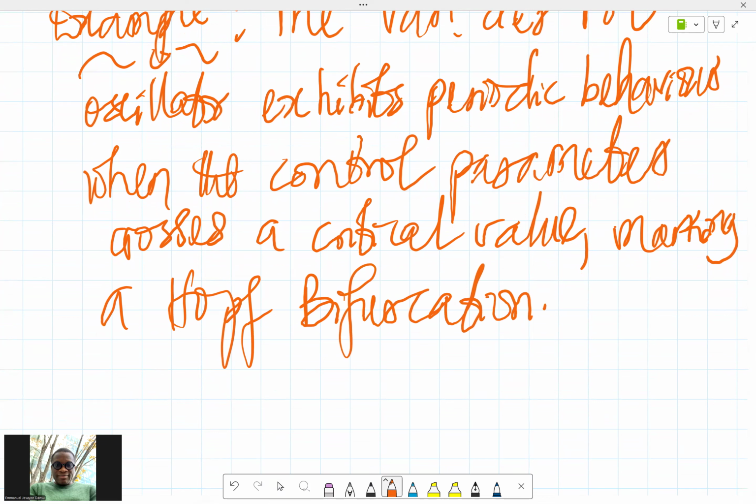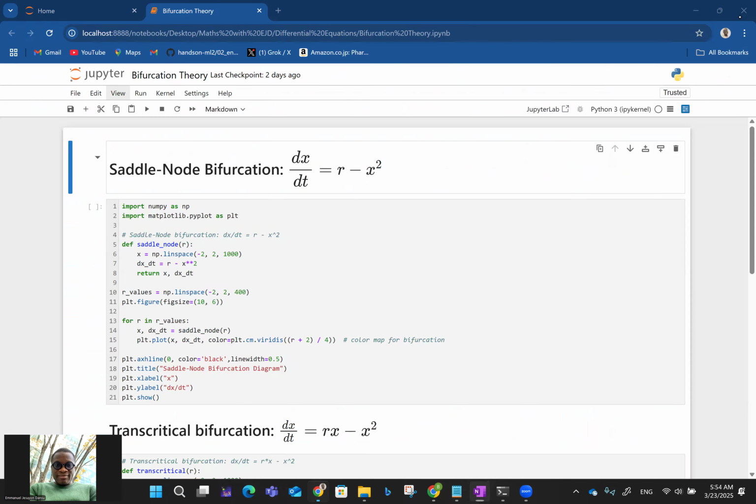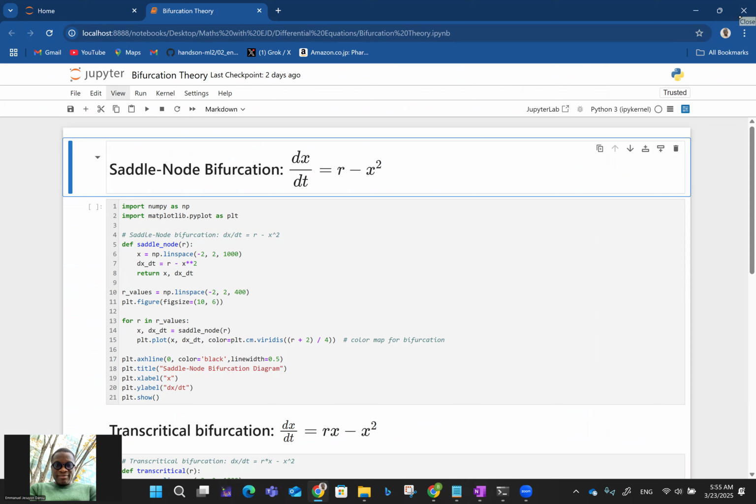Okay, so to see these things clearly, let's see what Python code has. So for saddle node bifurcation, we talked about r minus x squared. Of course, if you equate that to 0, x squared will be equal to r, that's plus or minus square root of r.